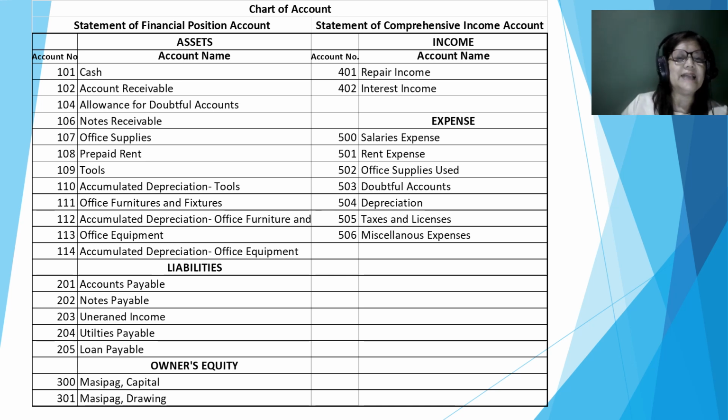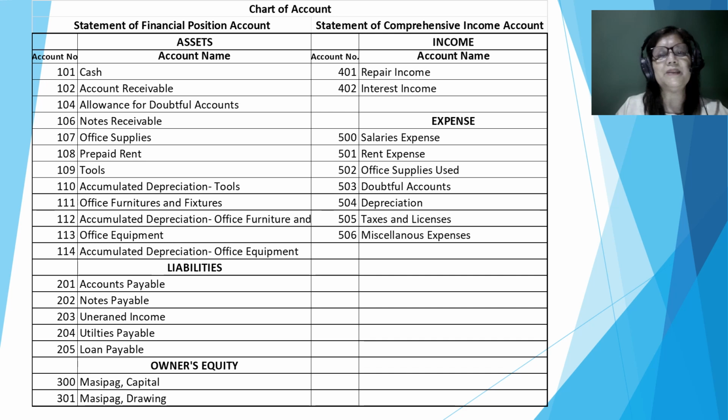So, remember that under the asset account, it may start with 100, 1,000. Okay, it depends upon the choice of the company. While the liability starts with 200 or 20 or 2,000 or what, but it is always started with 2. How about owner's equity? Started with 3. 30, 300, 3,000, something like that.